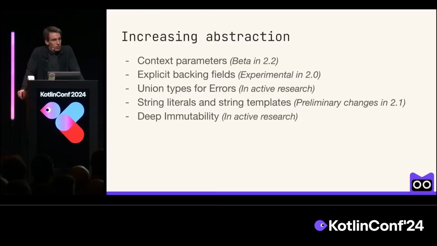So with preliminary changes in 2.1 such as multi-dollar interpolation, which actually resulted from our more ongoing work on string templates in general. And of course, deep immutability, which we find really important with the upcoming value classes on the JVM.